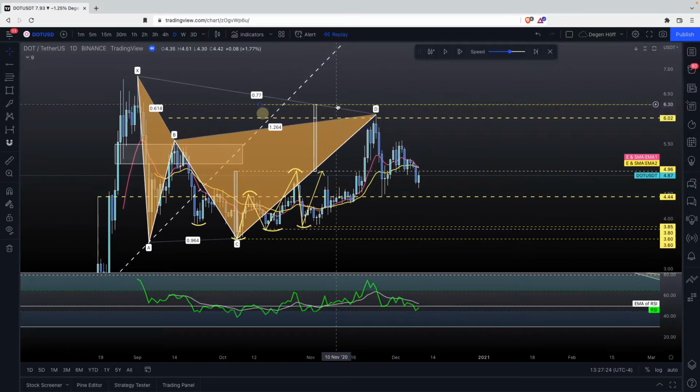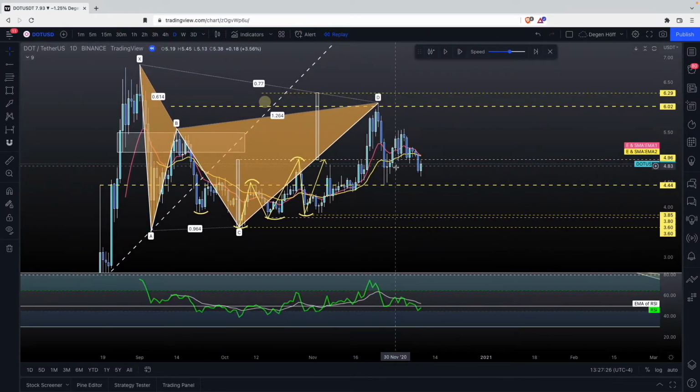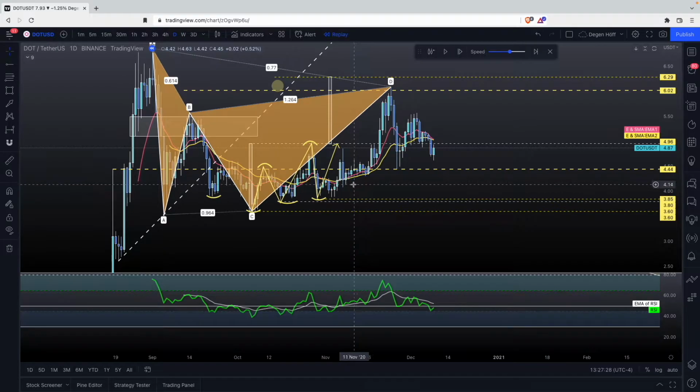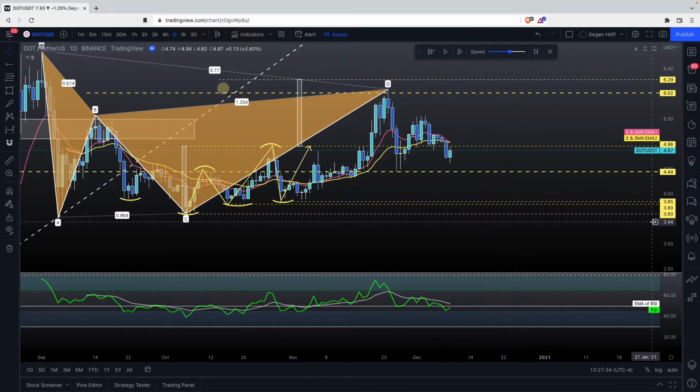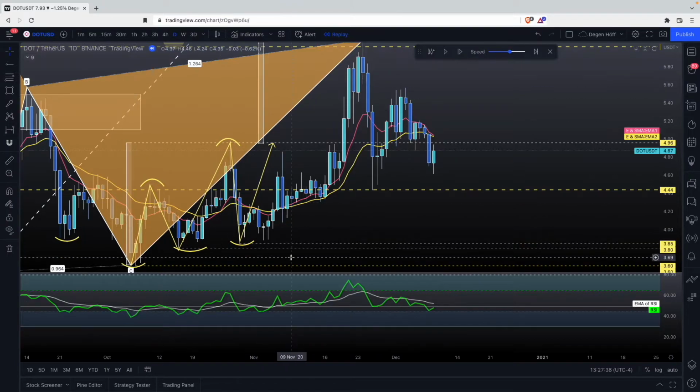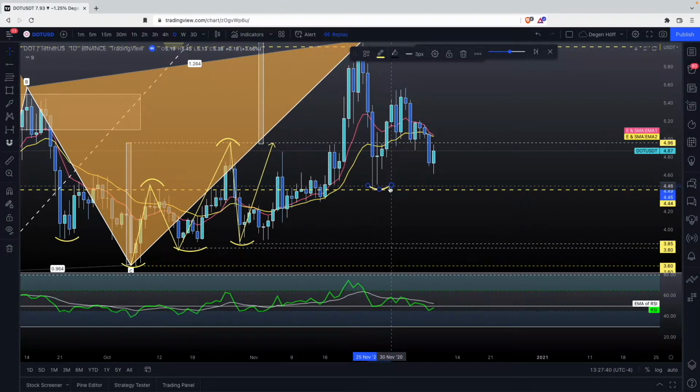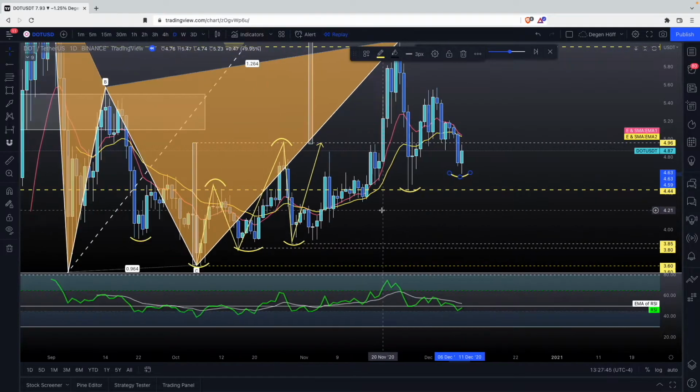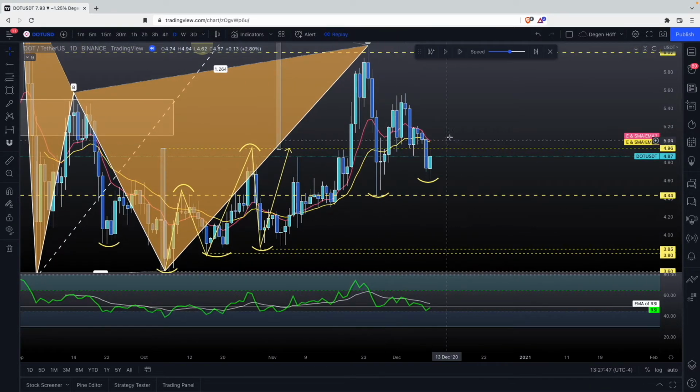It almost hit the measured move, but not really. You wouldn't have been stopped out. You could still be in the position here, and it's still higher lows. I think I would be in the position still. I would have balls of steel and I would be holding. If I didn't get wicked out here, this is still higher lows. Yeah, I'd still be in the position.